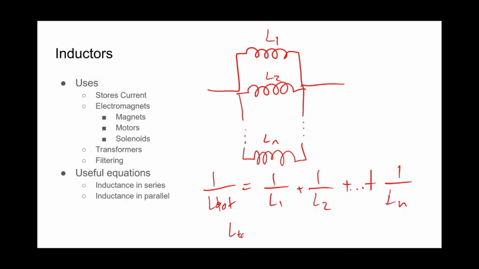Therefore, L sub total equals L1 times L2 times, and so on, times Ln over L1 plus L sub 2 plus, and so on, plus L sub n.